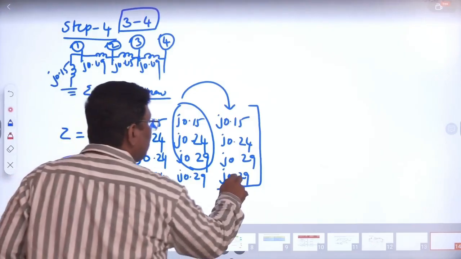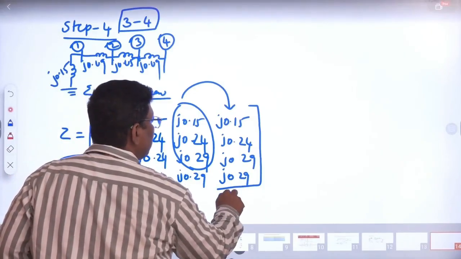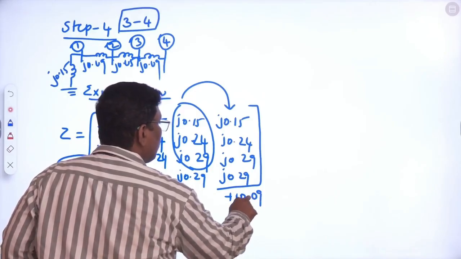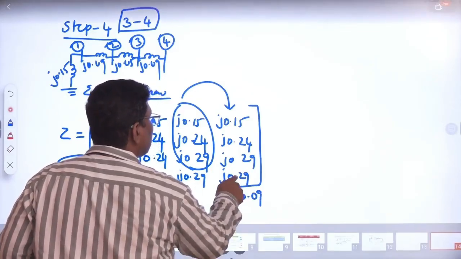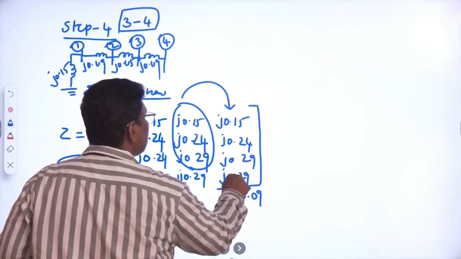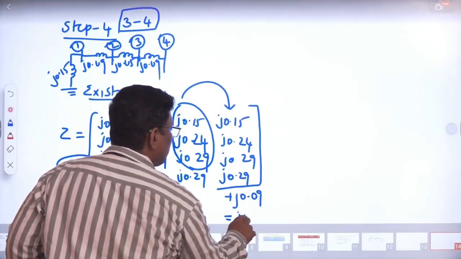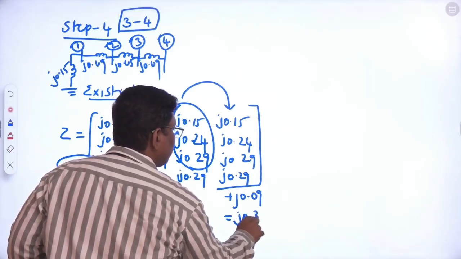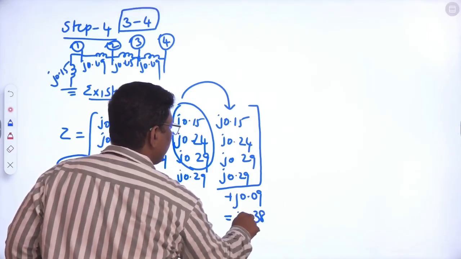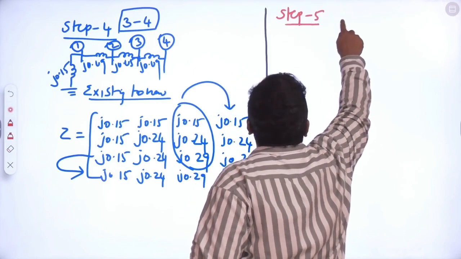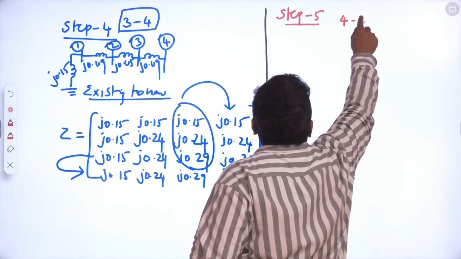The element available between 3 and 4 is j0.09. So the Z44 value is j0.38. The path is 4 to 0.